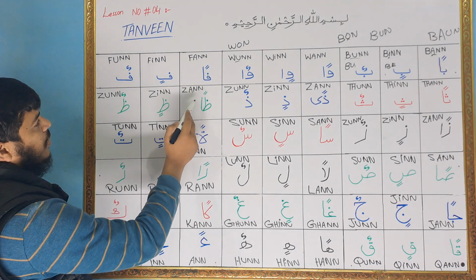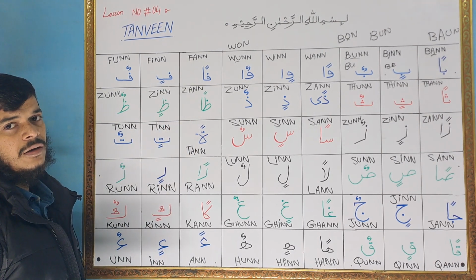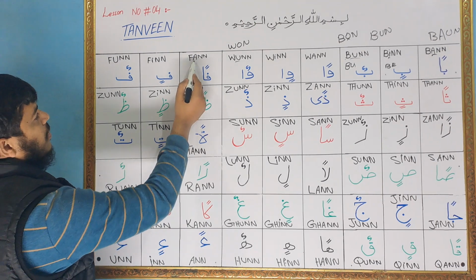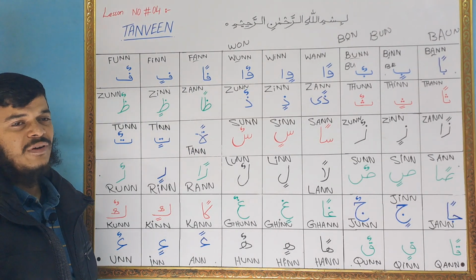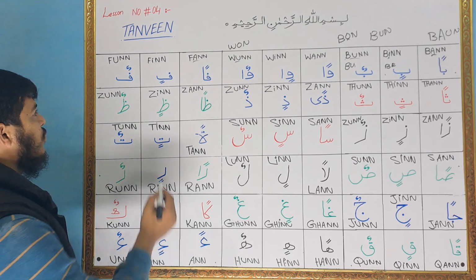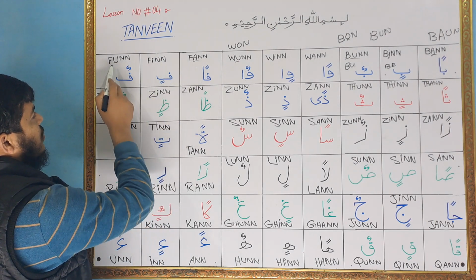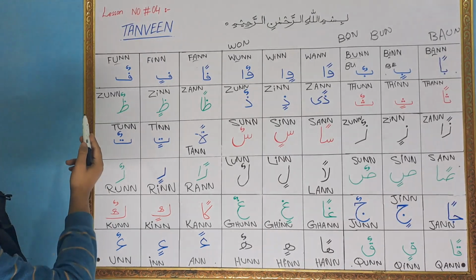Fa double Fathah will be fan. The similar problem there is that the spelling is more similar to the word fan, but if we write fun, how can we write the sound?